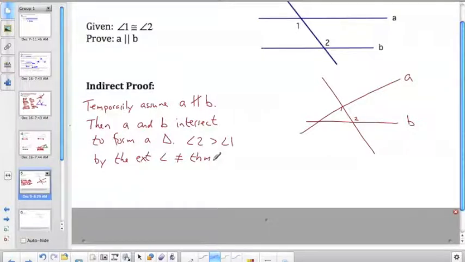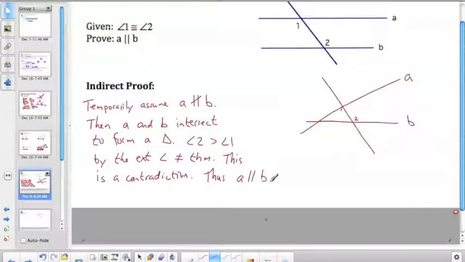But this is a contradiction because the given says that angle 1 and angle 2 are congruent. So we came to a contradiction, therefore our assumption that A is not parallel to B is false. Thus, A is parallel to B.